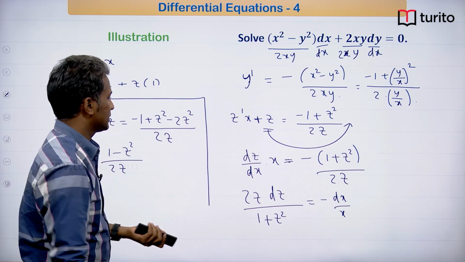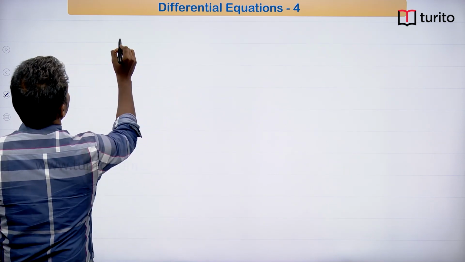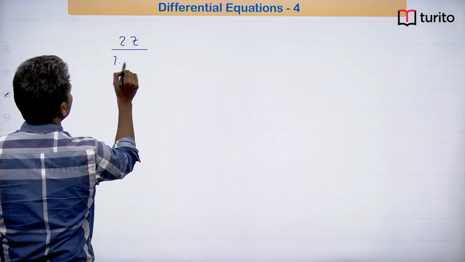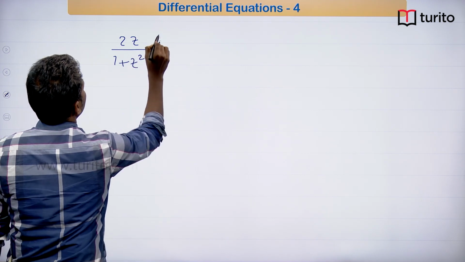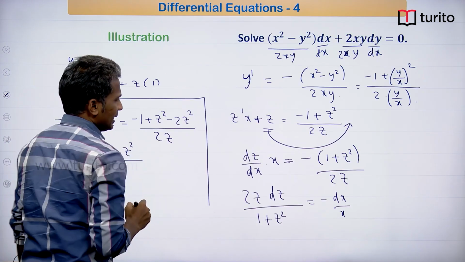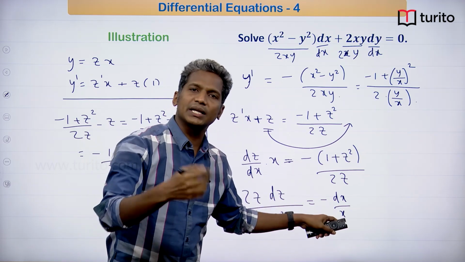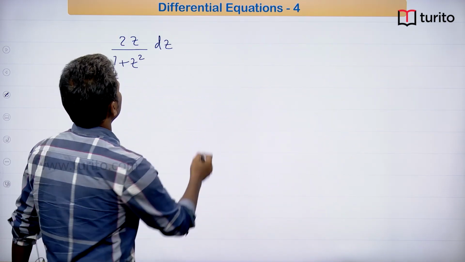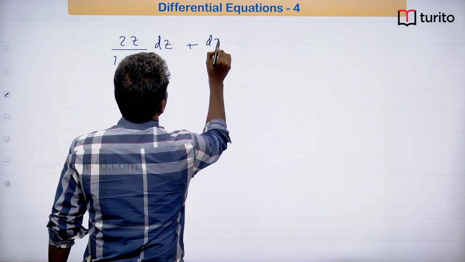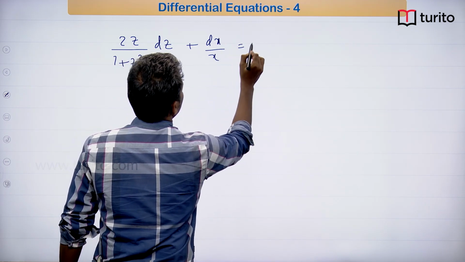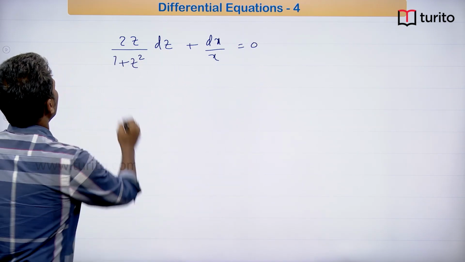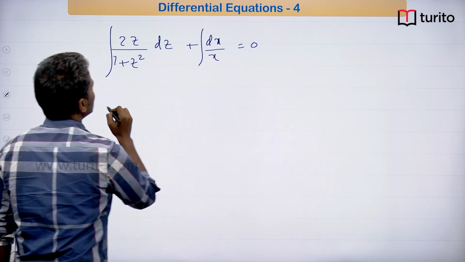To integrate this. So, we can write 2z by 1 plus z square into dz, and instead of keeping this in the RHS, I will take it to the LHS also, it does not matter. So, dx by x, this must be equal to 0, and now we are integrating this.